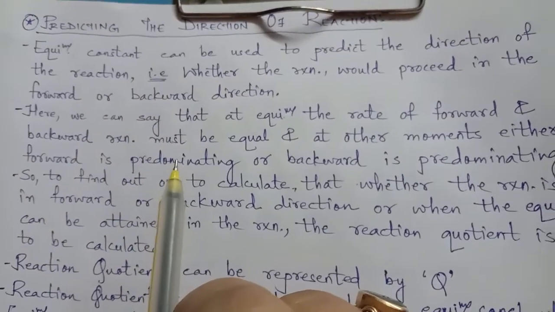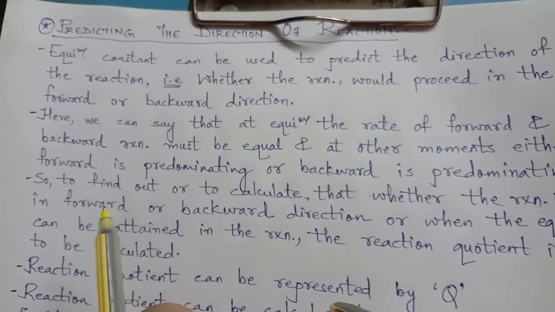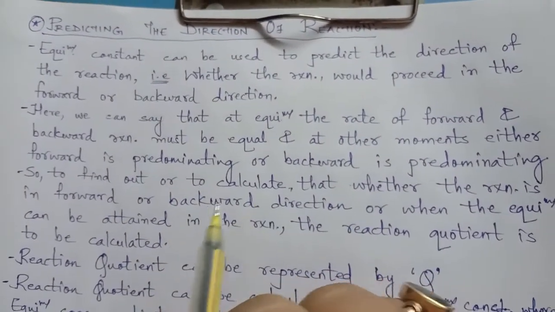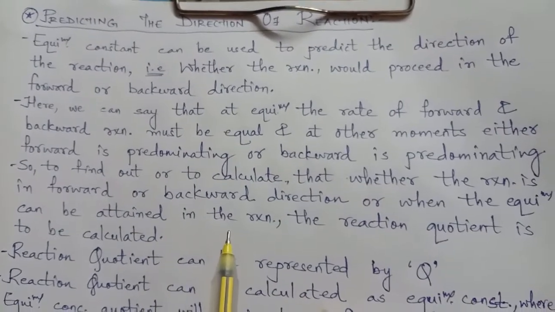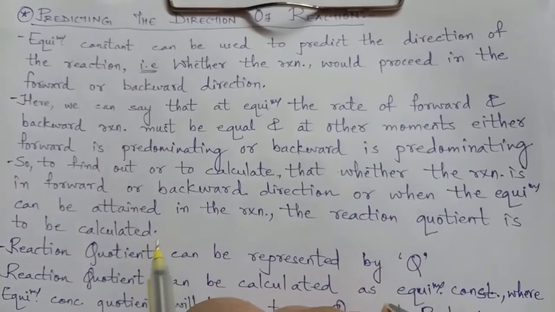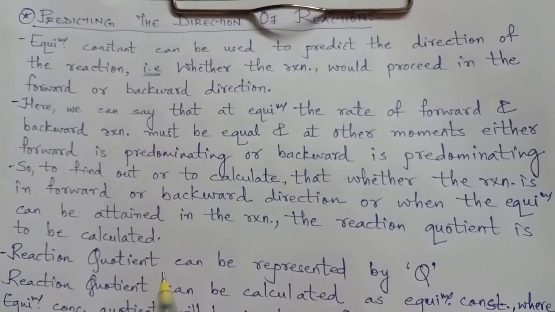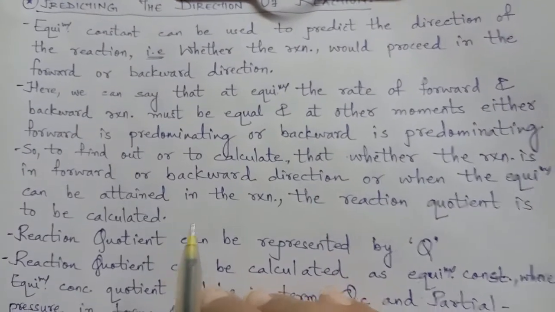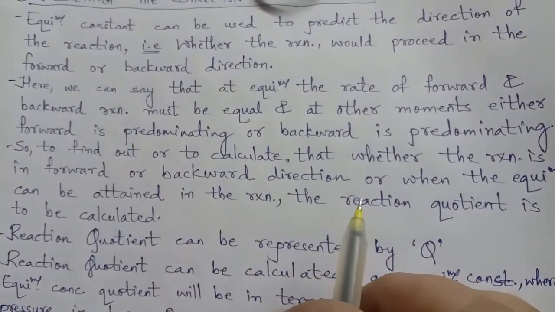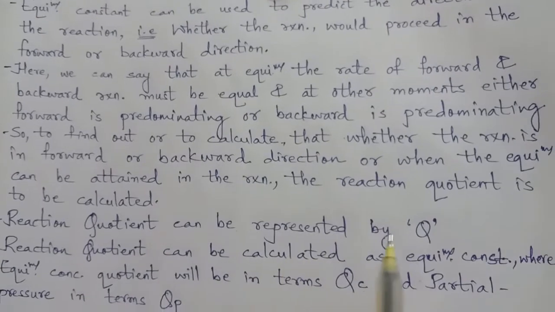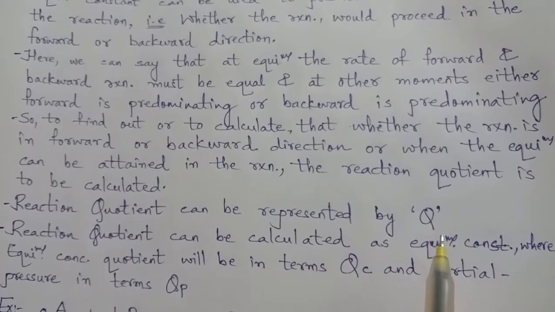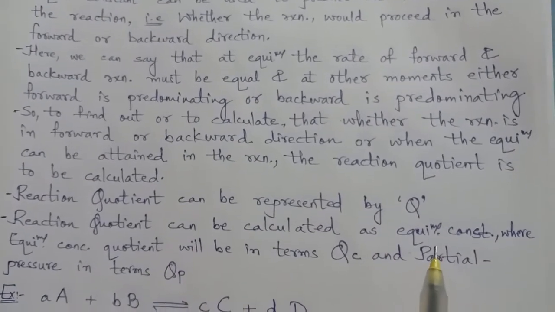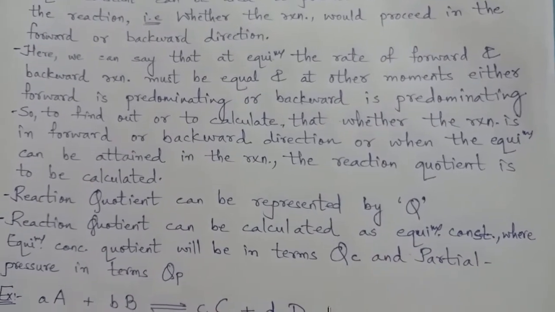But how is this all possible? To find out whether the reaction goes in the forward or backward direction, or when equilibrium can be attained in the reaction, the reaction quotient is to be calculated. So there is the entry of one more term now, the reaction quotient, which is represented by capital Q. The reaction quotient is calculated similarly to the equilibrium constant.